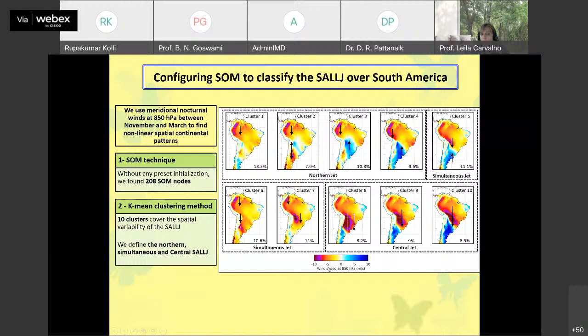The pink colors indicate strong northerly winds, sorry. And you see that in some of these clusters, they occur together. And then you see these last three are showing when you have this Eastern Central Andes jet stronger, right? So you can now use this to try to understand some of these mechanisms.